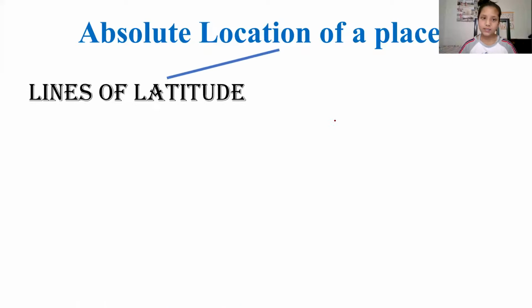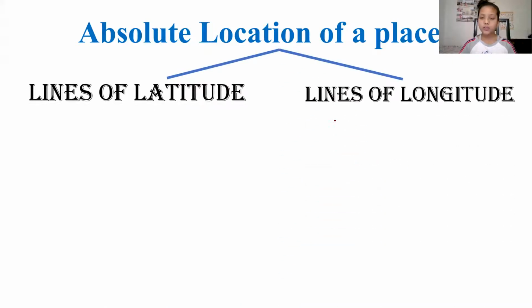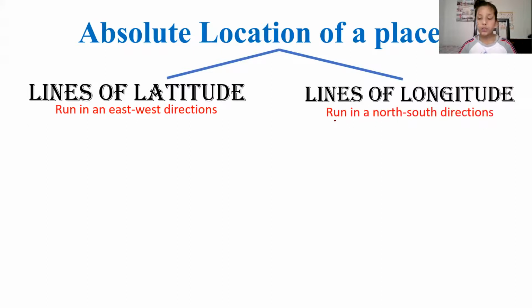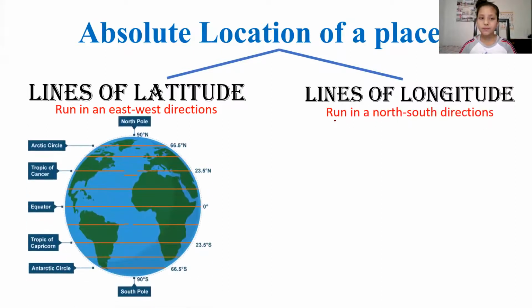Absolute location is the latitude and longitude of the place. So what are lines of latitude and lines of longitude? Lines of latitude run in an east to west direction. Lines of longitude run in a north to south direction. Here's an image of Earth with lines of latitude.